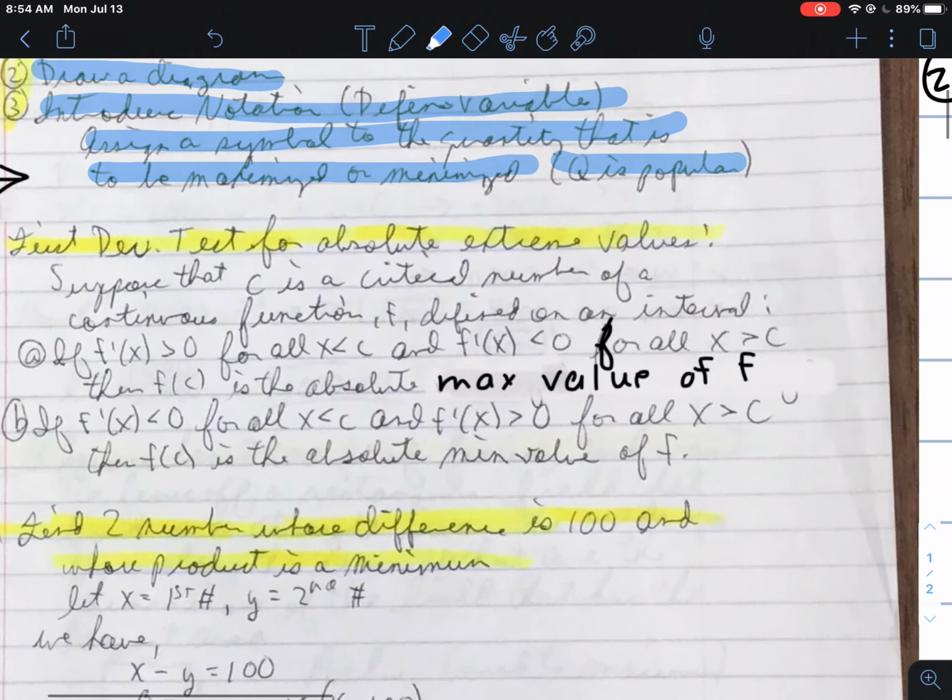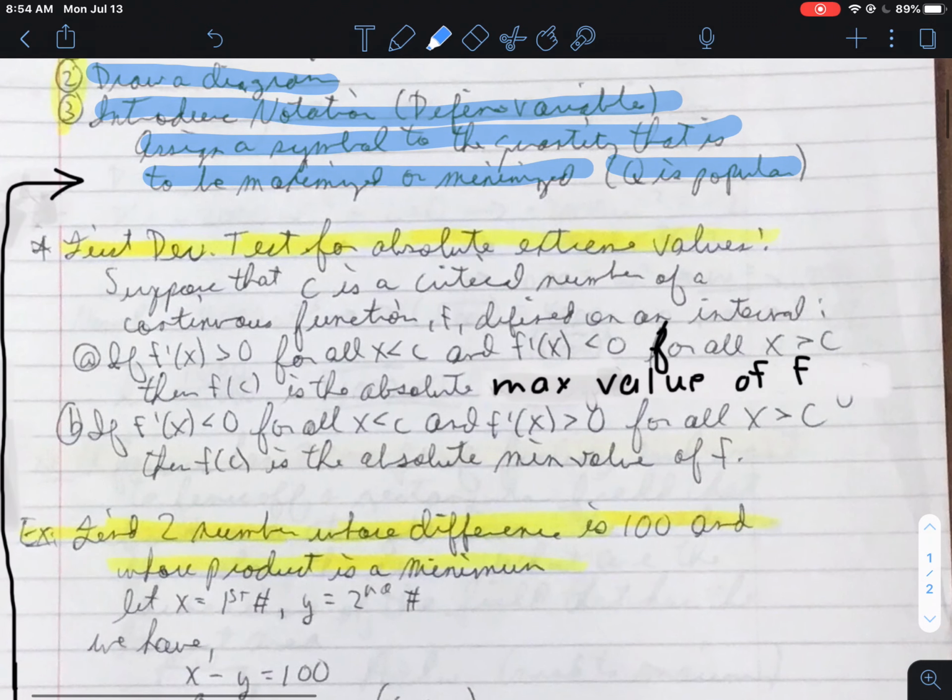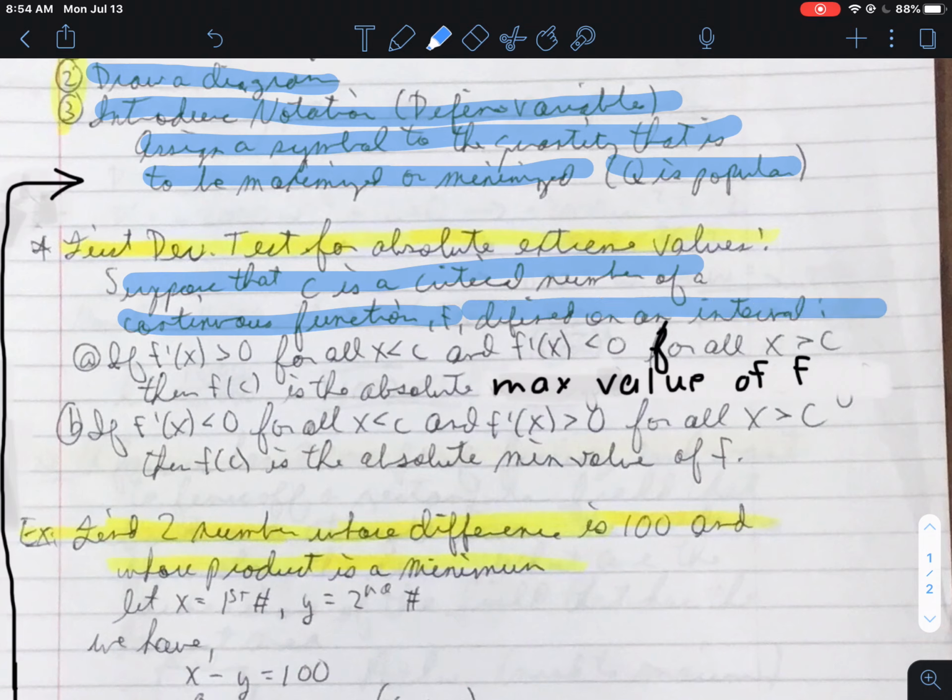So remember our first derivative test, and this is in terms of an absolute instead of just relative extreme value. If we have a critical number c, so suppose that c is a critical number of a continuous function f defined on some interval, and in this case, whatever the domain of our function happens to be. We'll talk a little more about that as we go through.